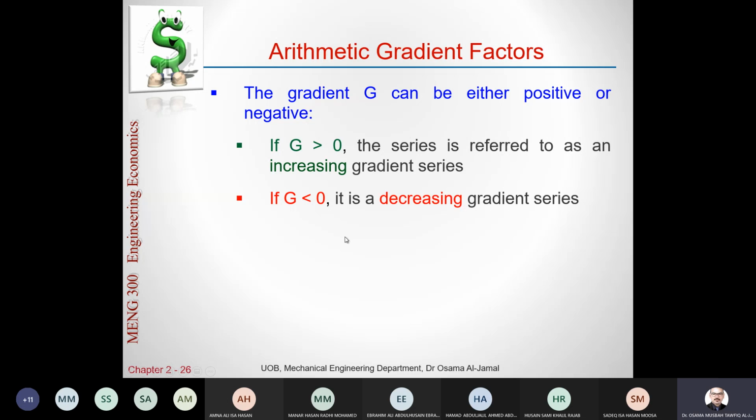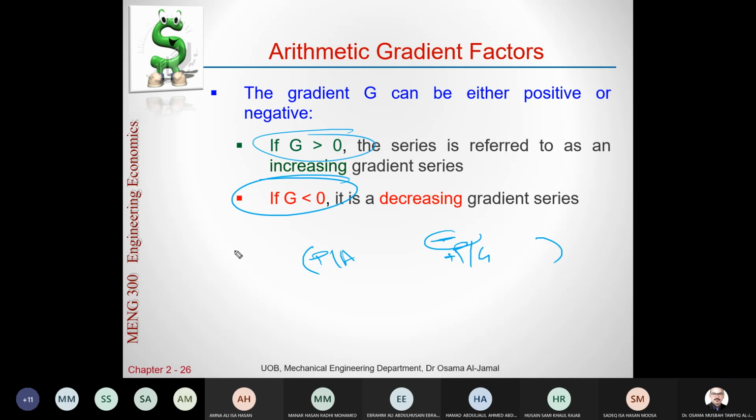When I said that, it's between the two brackets: one for P given A and the other one for P given G. If you put positive in here, it means this is increasing. If you put it negative, this is decreasing.